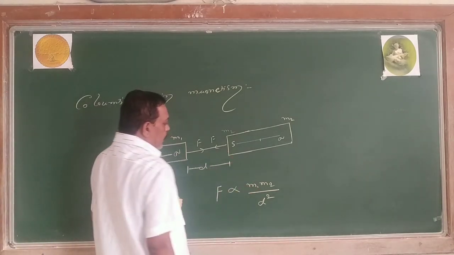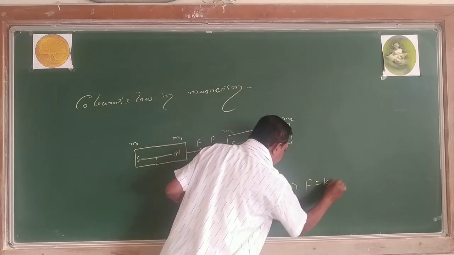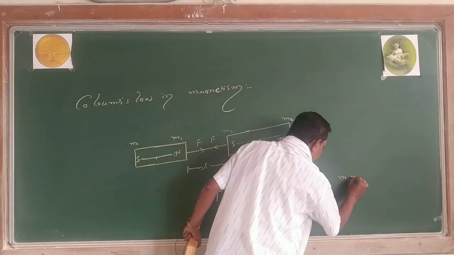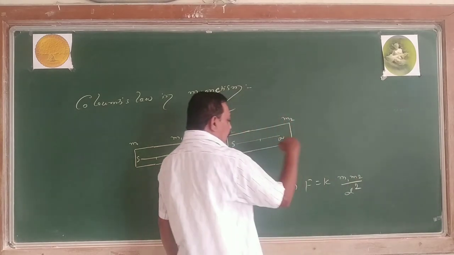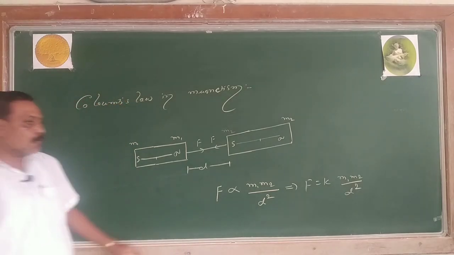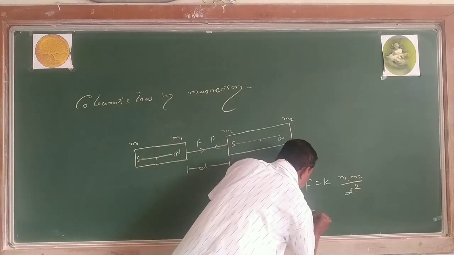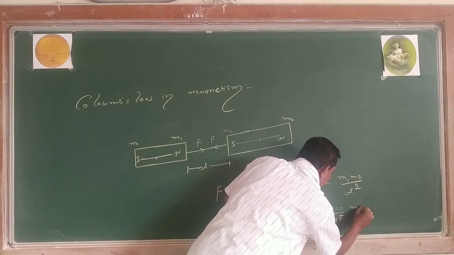The proportional constant K, giving K M1 M2 divided by D square, depends on the nature of the medium where the magnetic poles are placed. So, the proportional constant K equals mu naught divided by 4 pi.